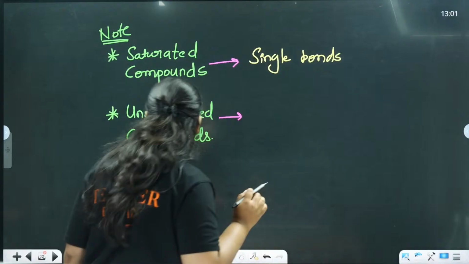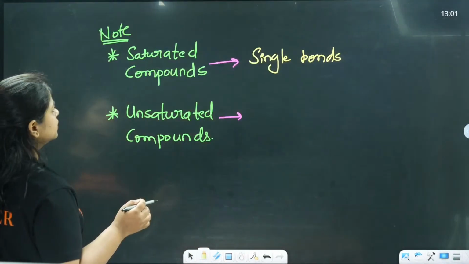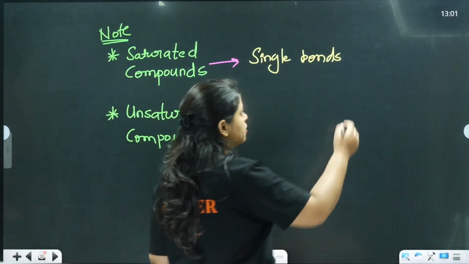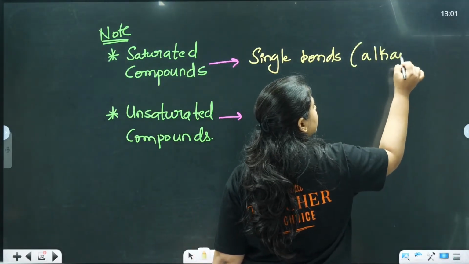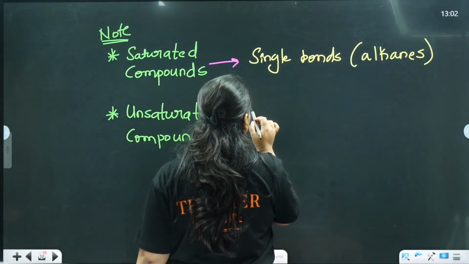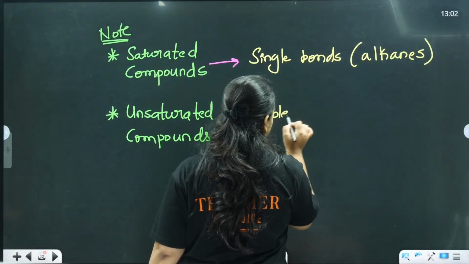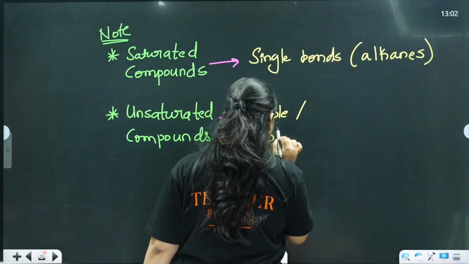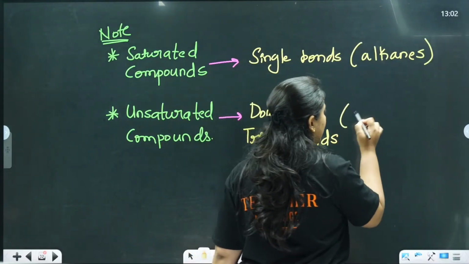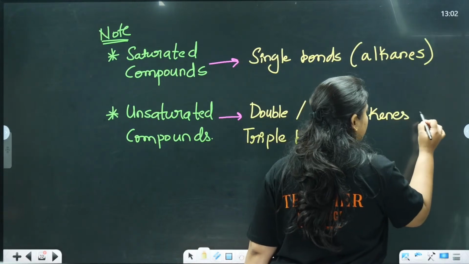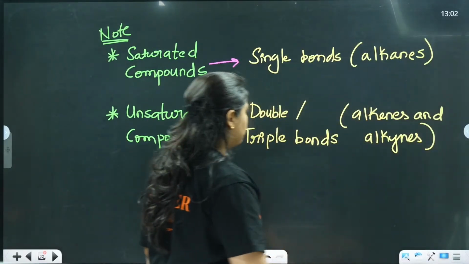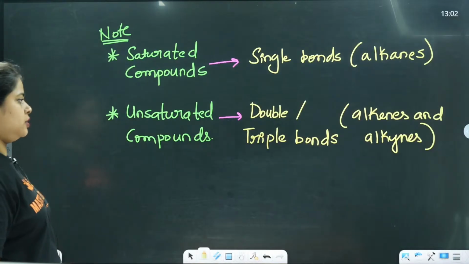You can remember it as single bonds, or else you can write it as alkanes. Then unsaturated compounds are all double and triple bonds, and these might be alkenes and alkynes. Clear? So this is how you can remember saturated and unsaturated compounds.